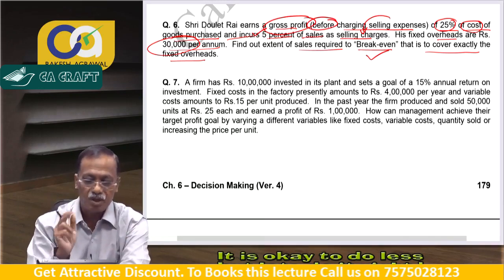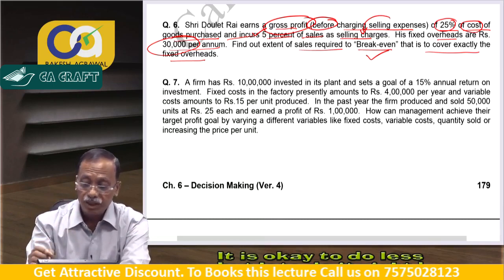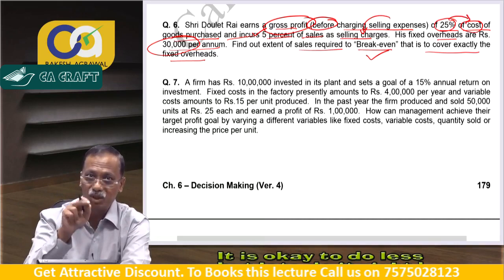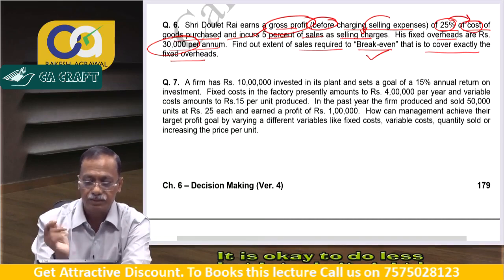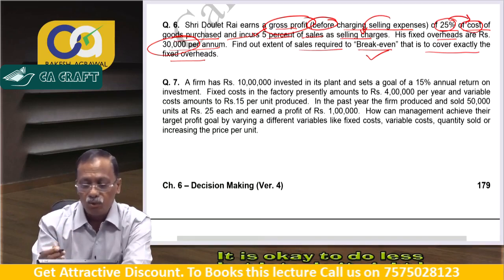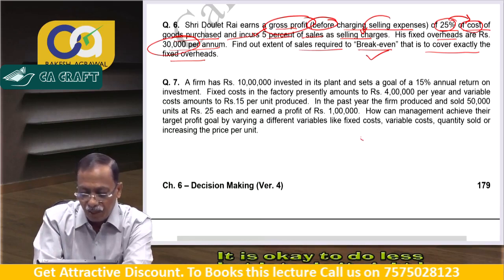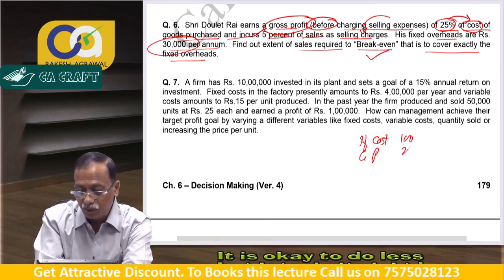Point number one. Point number two, GP ratio is given as 25% of cost. I have to change the base to sales because PV ratio has a base of sales. Now, how to change the base? Very simple. If I assume cost as 100, gross profit will be 25% of cost, that is 25, and cost plus gross profit gives sales.